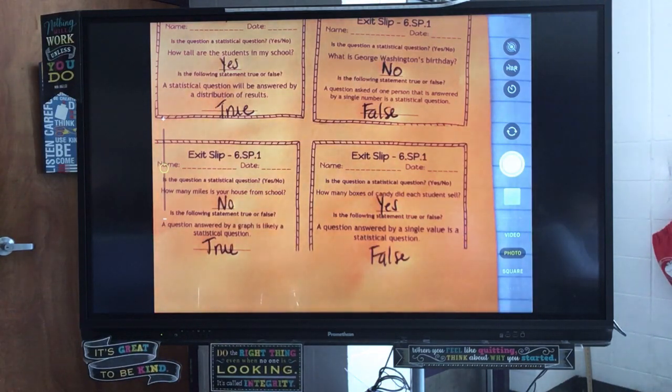This one is there could be a variety. What is the most common favorite color? Favorite class, they like dogs and cats.